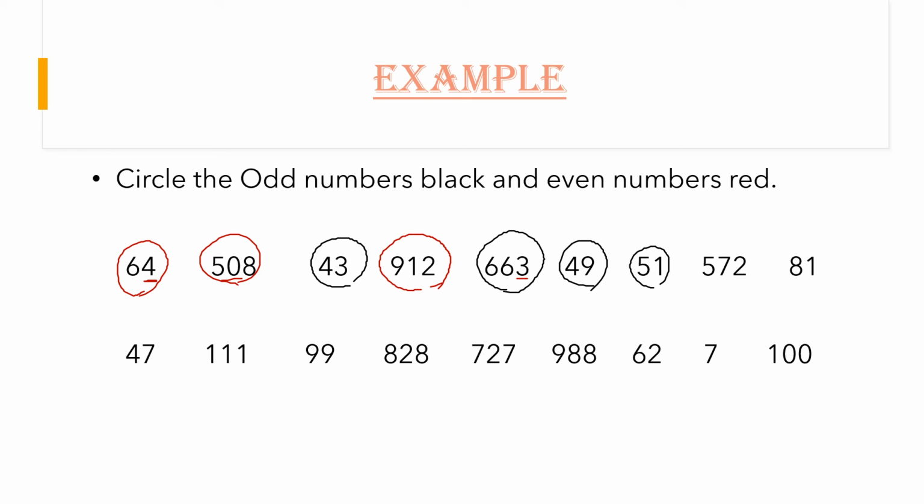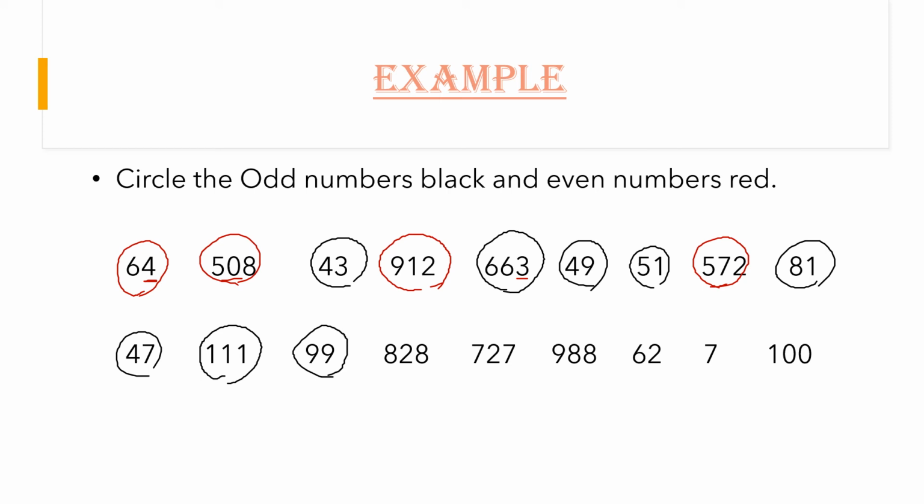It means it is an even number. 81. It is again an odd number because the last digit is 1. 47. Odd number. 111. It is an odd number because the last digit is 1. 99. It is again an odd number because the last digit is 9.